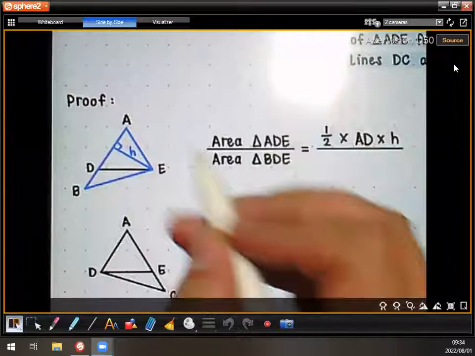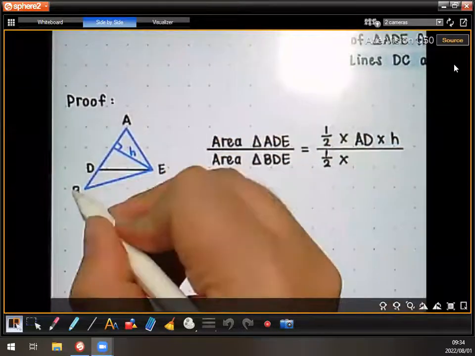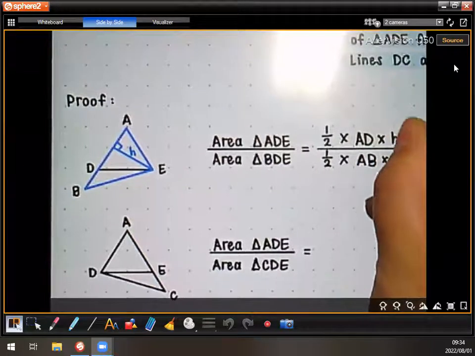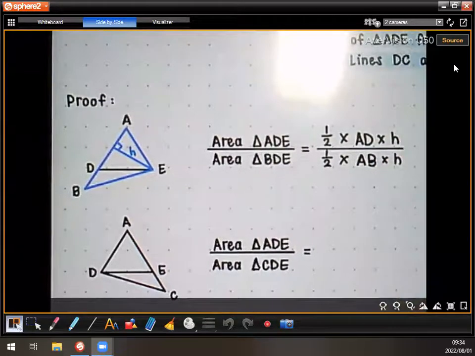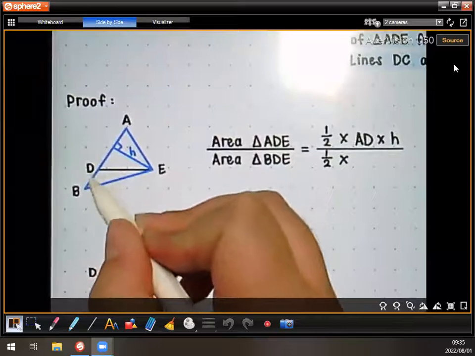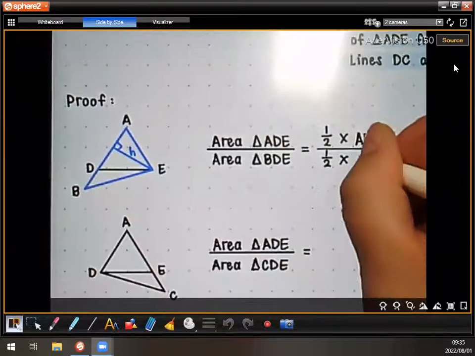So the area of triangle BDE is half times base times h again, because it has the same perpendicular height. Oh, sorry, it's not the whole triangle. BDE is this one, so the base is BD.